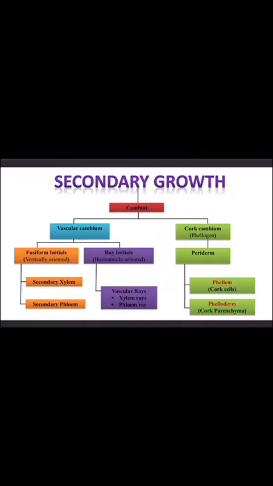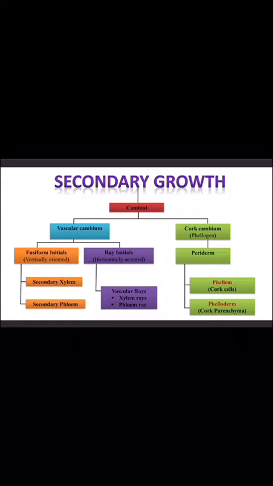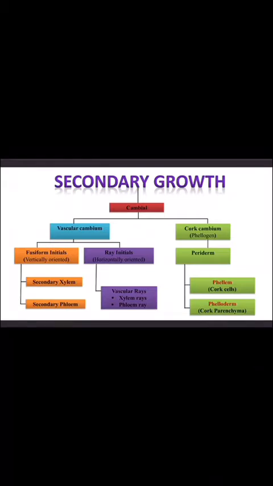In this we are going to study about secondary growth. Secondary growth involves formation of secondary tissues, and the secondary tissues are formed by two types of lateral meristems. We were talking about the meristems, meristematic tissue, apical meristematic tissue and lateral meristematic tissue.